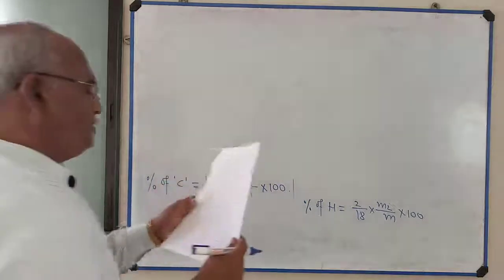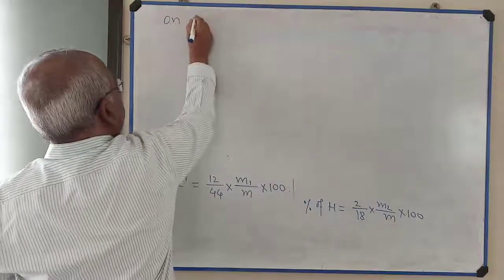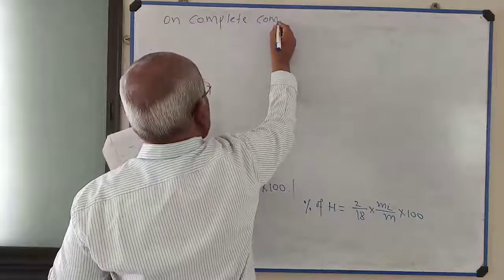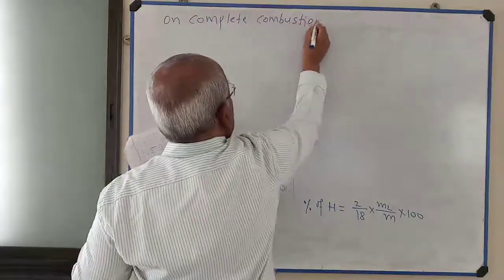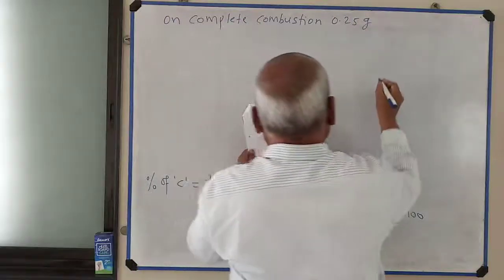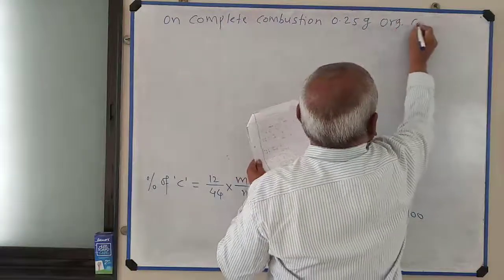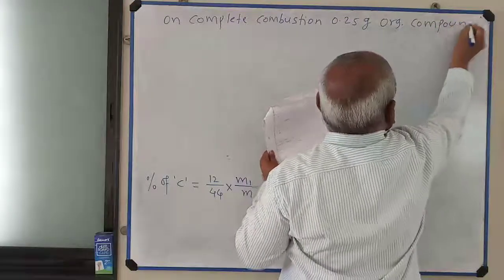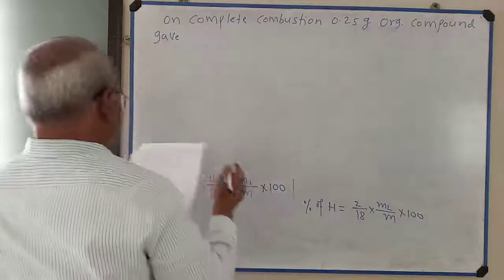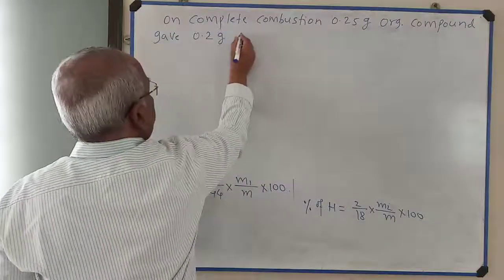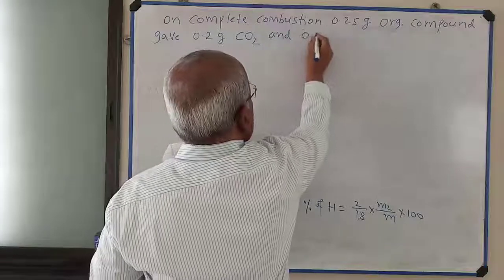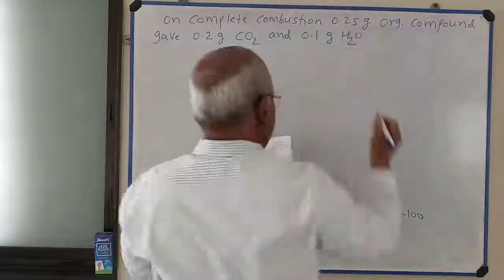So first I write the problem. On complete combustion, 0.25 gram organic compound gave 0.2 gram CO2 and 0.1 gram H2O.